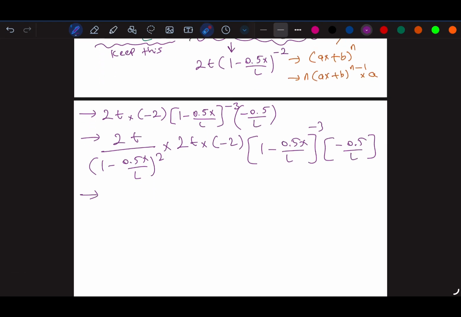And here, let's see what we have. We have 2t, 2t.